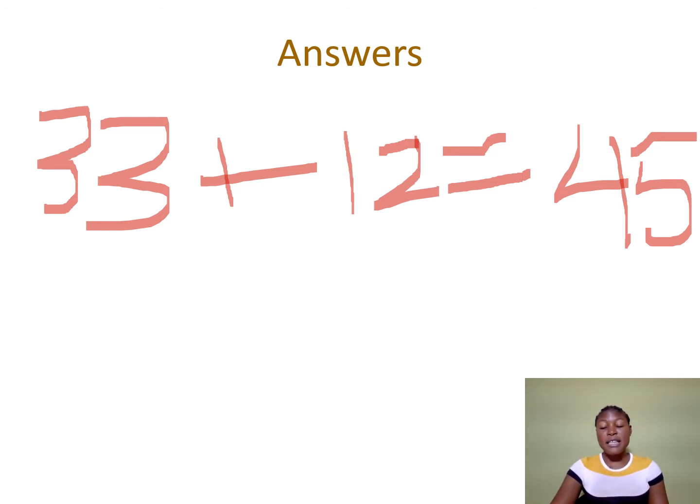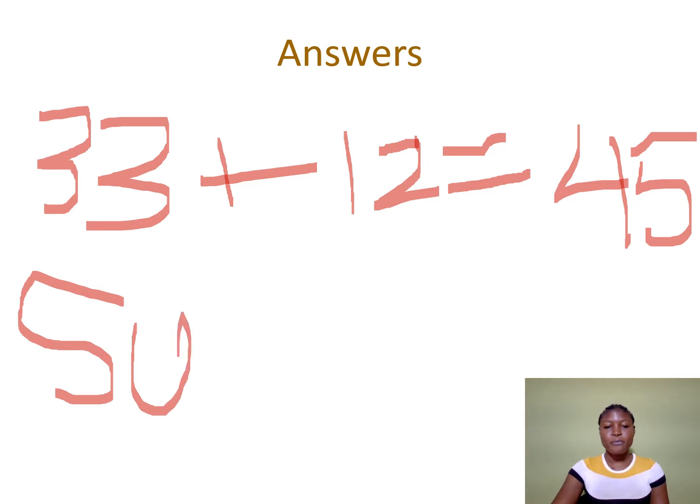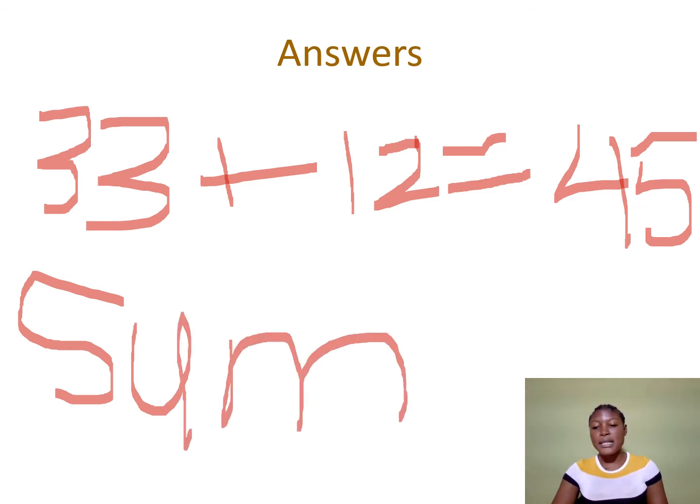Now, the addition sentence name given to the final answer, that is 45, is known as what? Sum. So that was the missing part of the addition sentence for the first question.